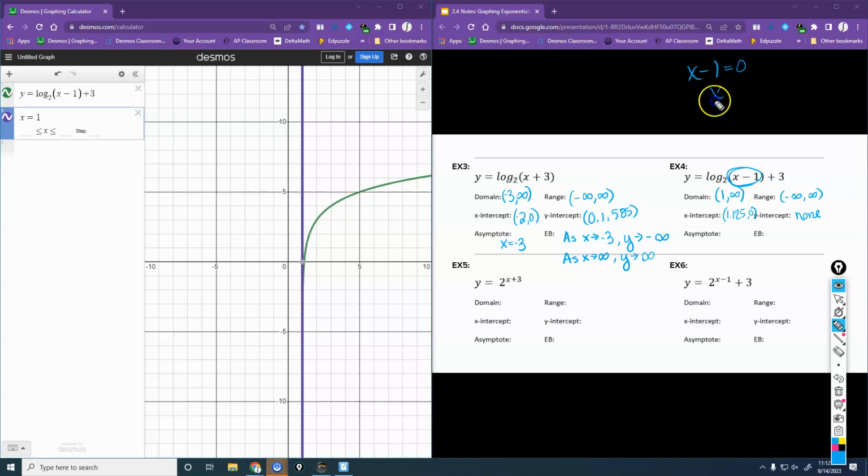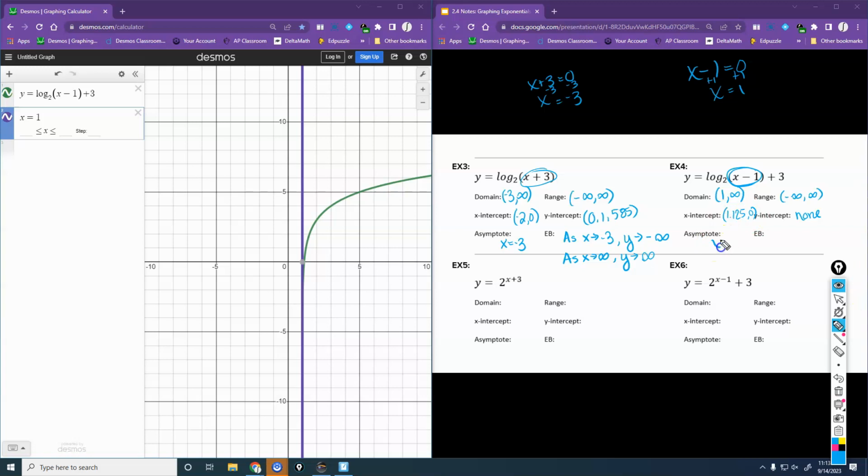So if you add the 1, I get x equals 1, that's my asymptote. If you're given the equation, same thing was true here, x plus 3, you can find out what would make that 0. Subtract 3, x equals -3. That is going to be where your asymptote is at.